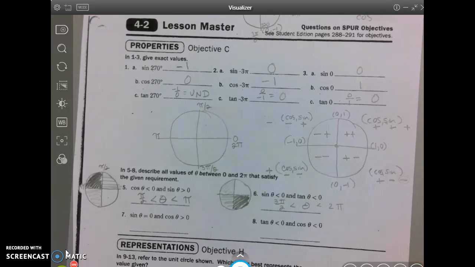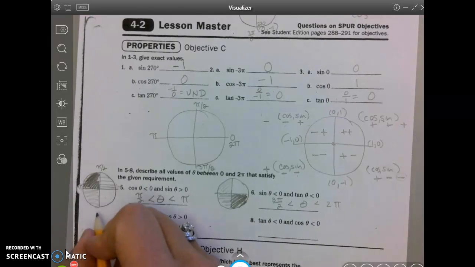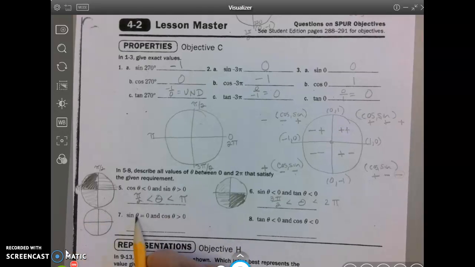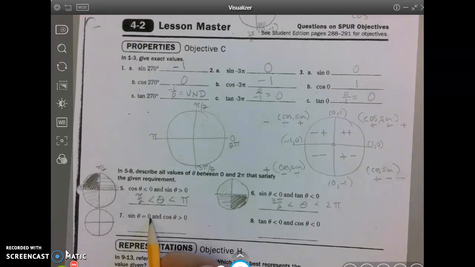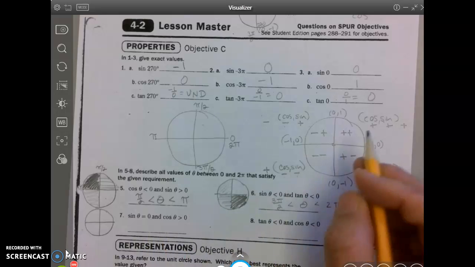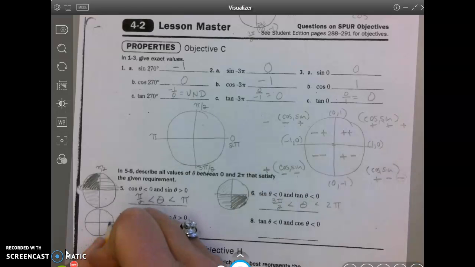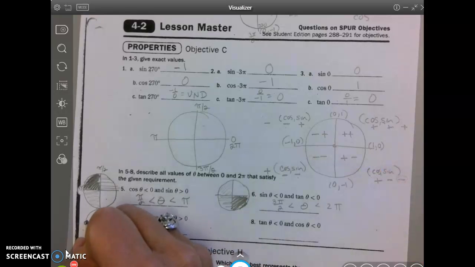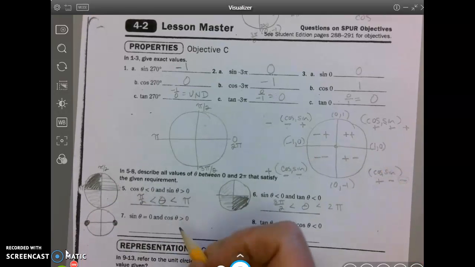All right, let's go to my next one. Draw my circle. Where does my sine equal 0? That's my y coordinate. I have a 0 here, and I have a 0 here. And then where is my cosine greater than 0, meaning positive cosine?